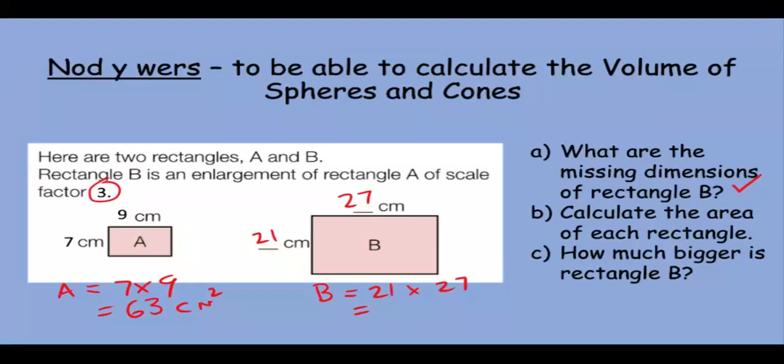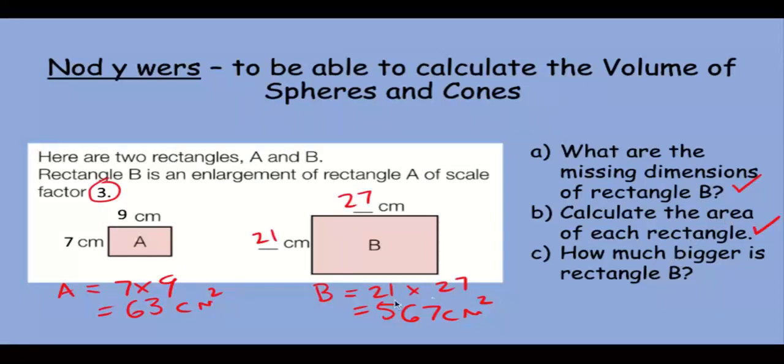So let's just do 21 times 27 is 567. So we've done job 2.